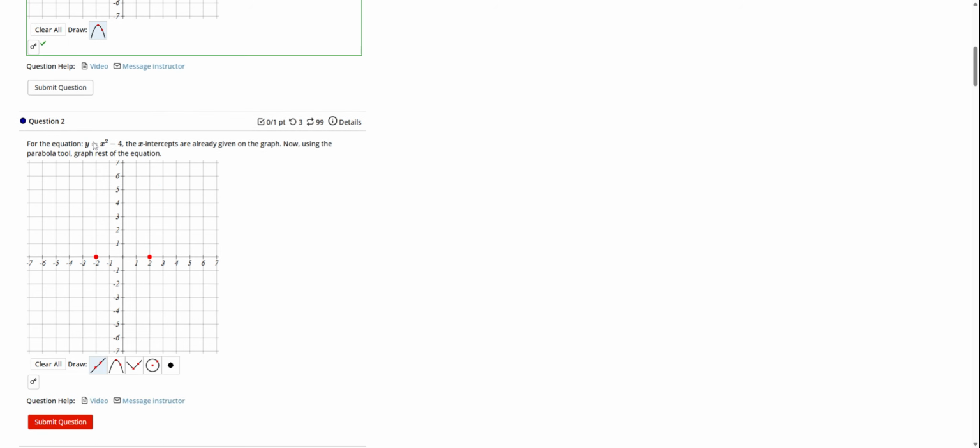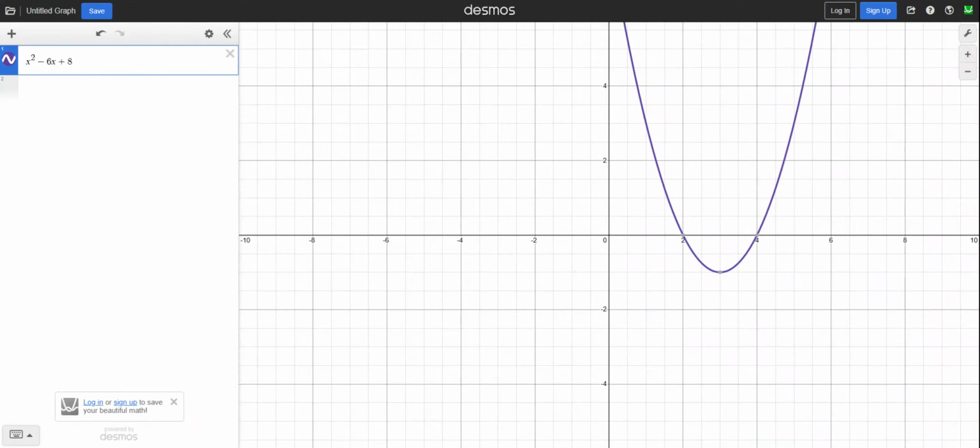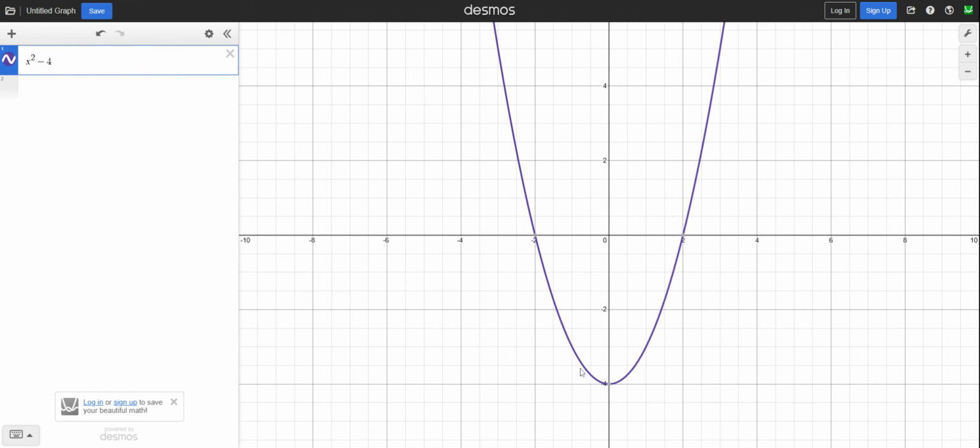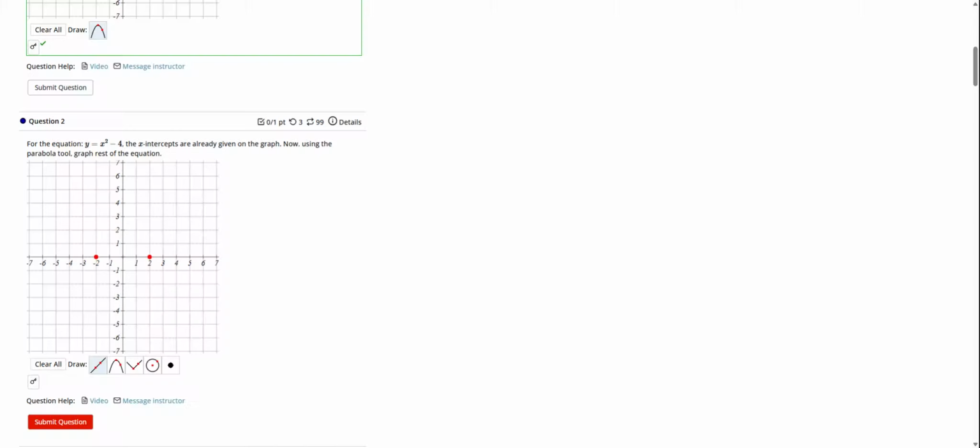Next, x squared minus 4. So I go back to Desmos. x squared minus 4. So 0, negative 4, 2, 0. Now I've got a bunch of tiles to choose from.